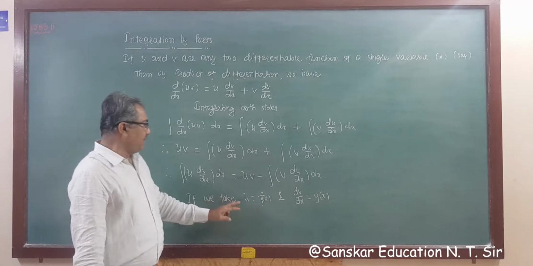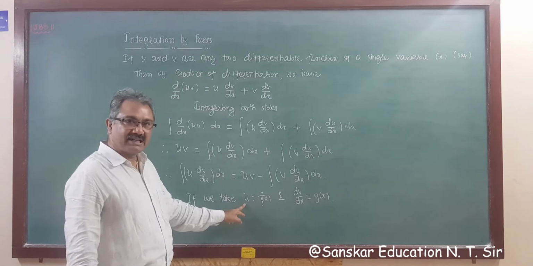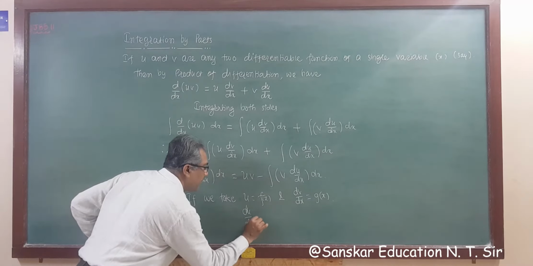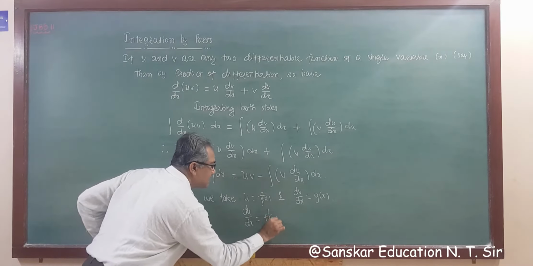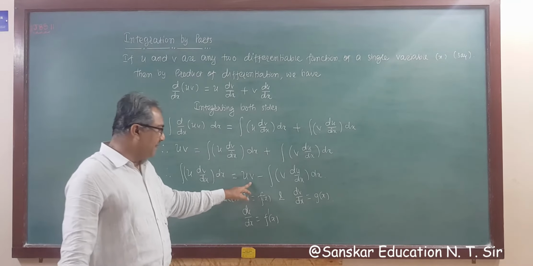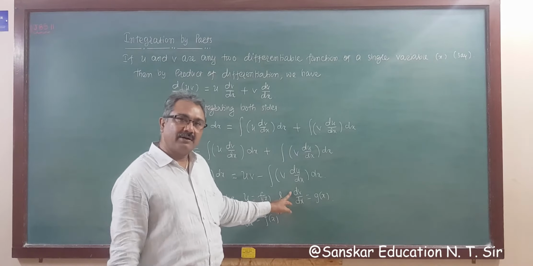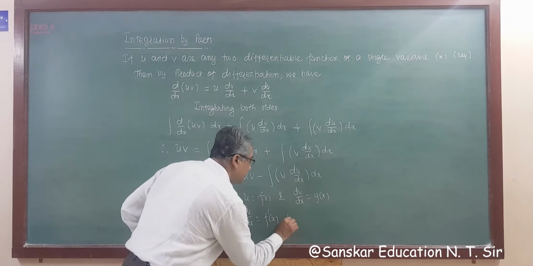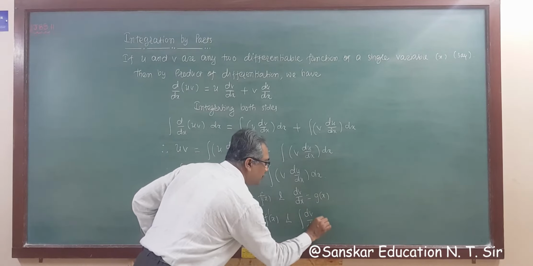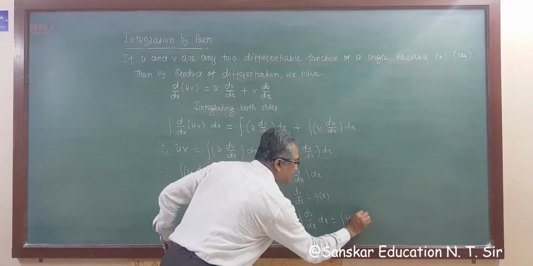Then we require du/dx, so differentiating this with respect to x, du/dx means f'(x). And here we require v, where the derivative is given. So if we integrate, we get v. Integrating dv/dx into dx is equal to integration of g(x) dx.